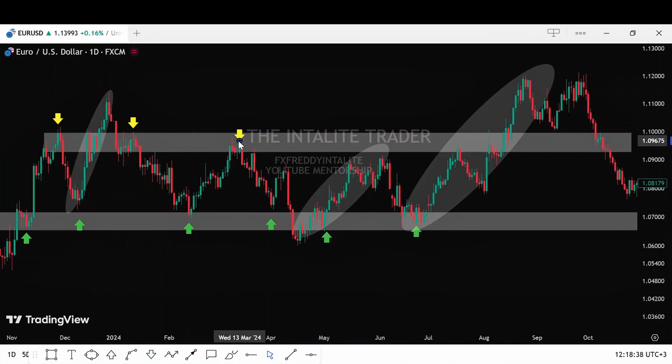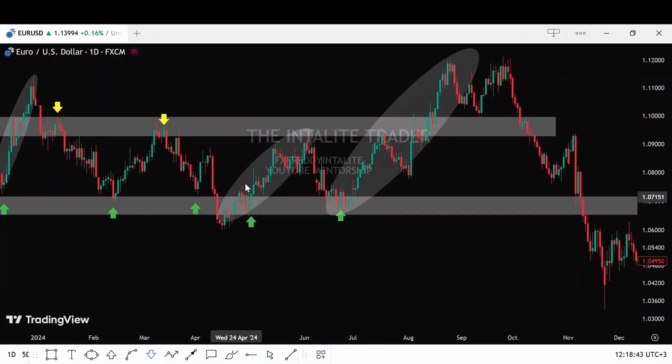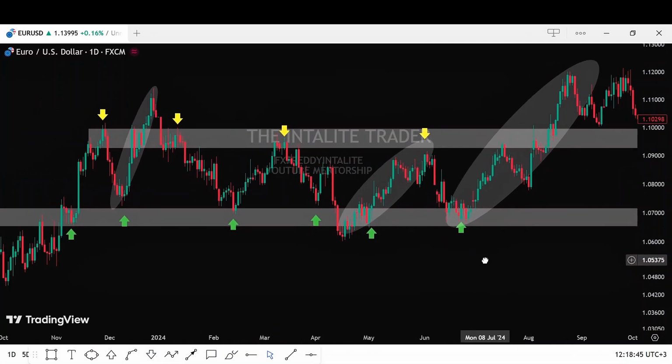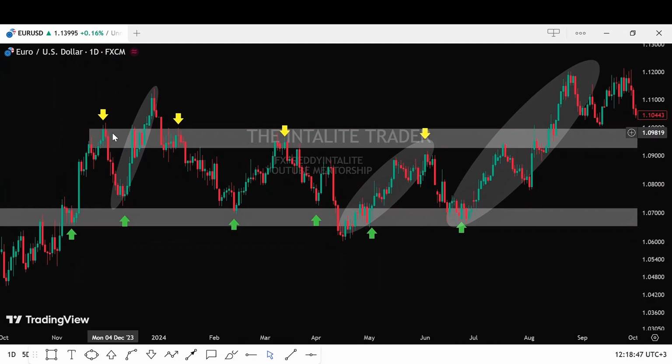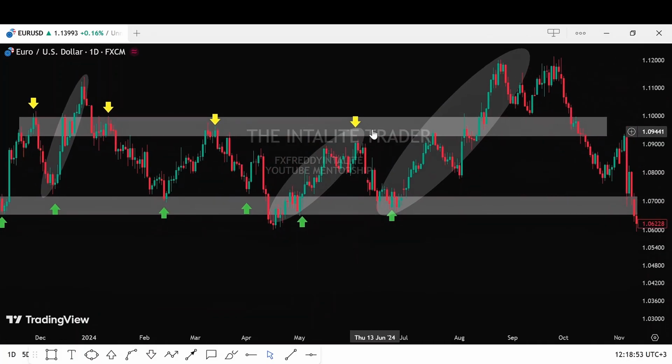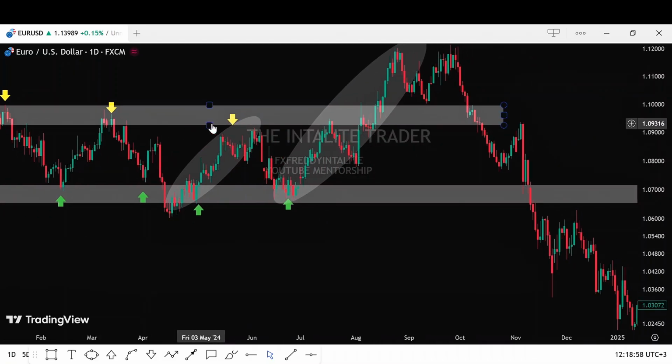Each time price comes into the level, it trades away. So these are multiple reversals because each time price comes into the level, it trades away. So these are multiple reversals of price off of this key level.